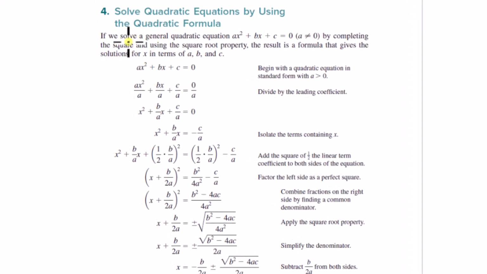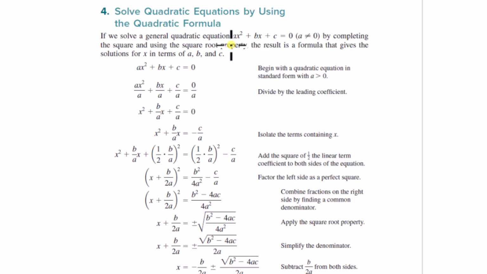All the quadratic formula is, is that they take this completely general form of a quadratic equation, ax squared plus bx plus c, but a can't be 0 or it's just a linear equation, though b and c could be 0.